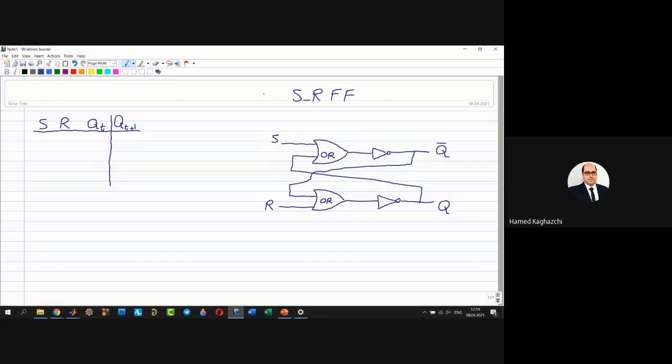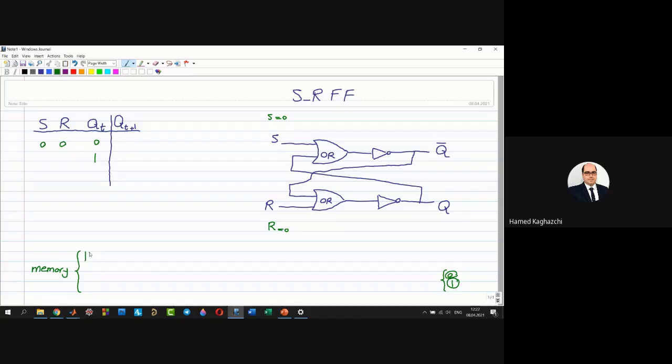this SRFF. Look at here. I can say that if I have 0 and 0 in the input, suppose that S is 0. We can say that each memory has three properties.